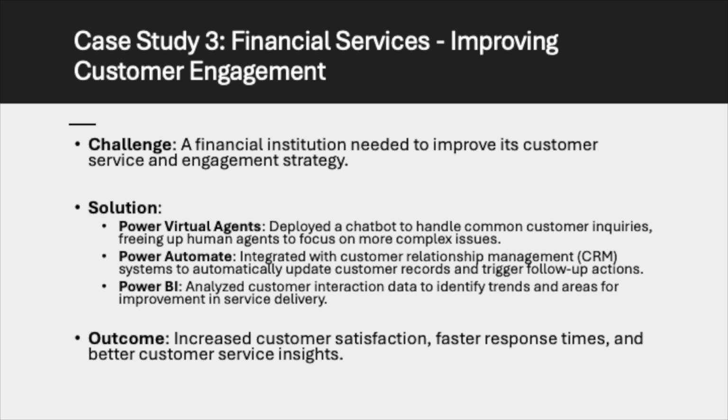Power Automate was integrated with a Customer Relationship Management, or CRM, system to automatically update customer records and trigger follow-up actions. Power BI was used to analyze customer interaction data to identify trends and areas for improvement in service delivery. The outcome was increased customer satisfaction, faster response times, and better customer service insights.